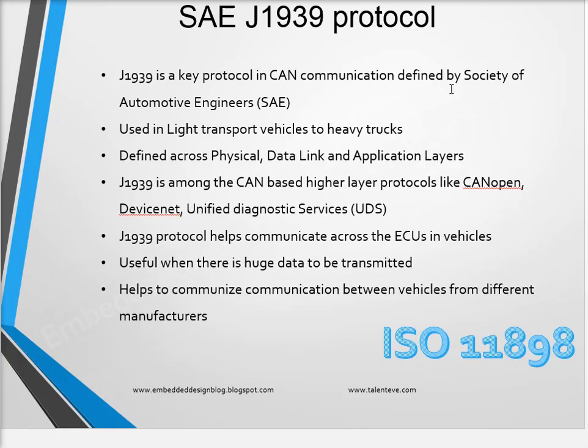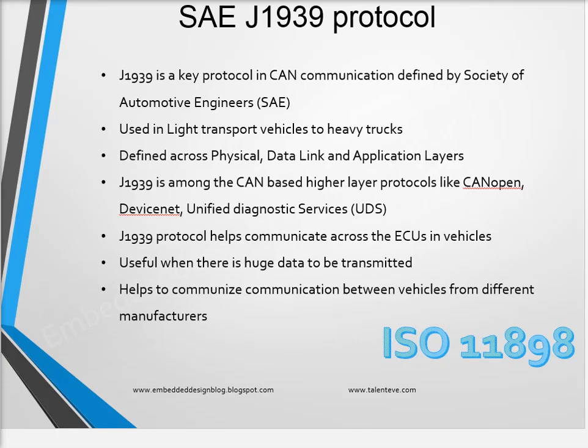So that means a level of commonization is required such that the products which are external to your vehicles from different manufacturers could read the ECU data and perform the required analysis. That's where J1939 comes into the picture.